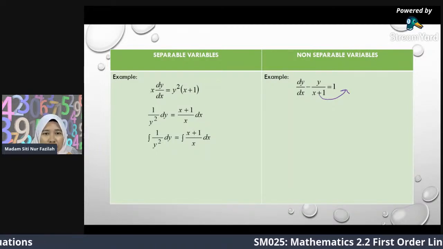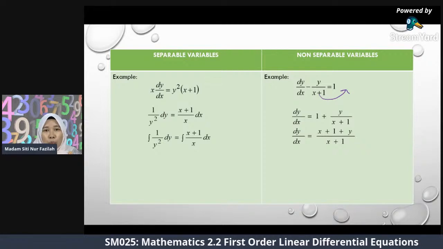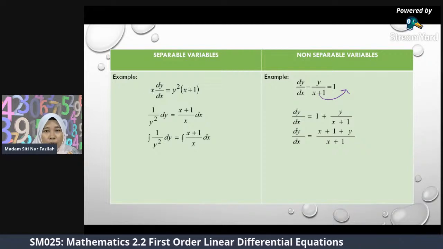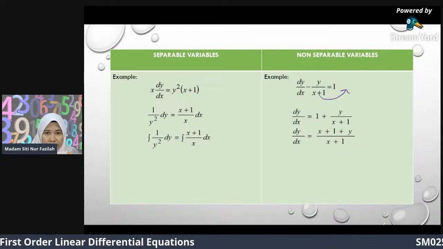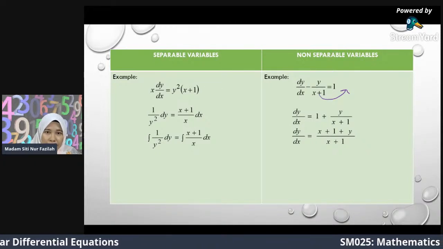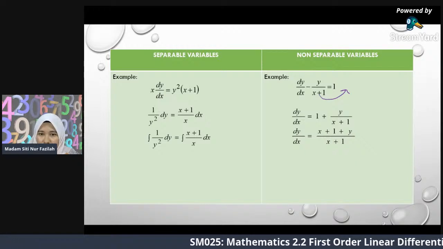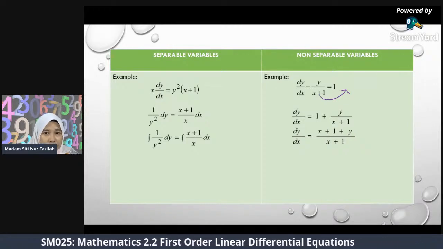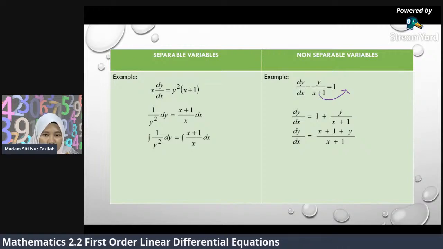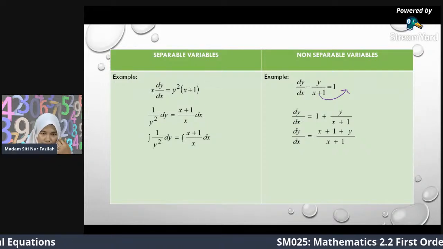So dy over dx equal 1 plus y over x plus 1. Then we get the same denominator, x plus 1, so dy over dx equal x plus 1 plus y over x plus 1.